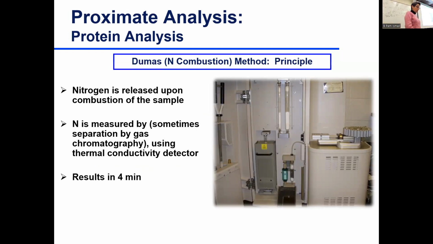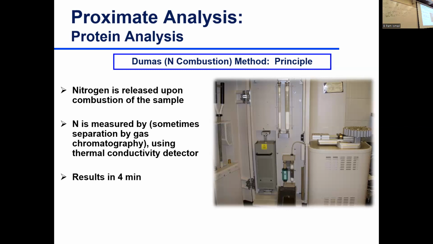The other method that you will be doing in the lab is measuring nitrogen content. We're using a nitrogen combustion method called DUMAS, and we use a nitrogen analyzer to determine the total nitrogen content. Basically, your sample is combusted at really high temperature.